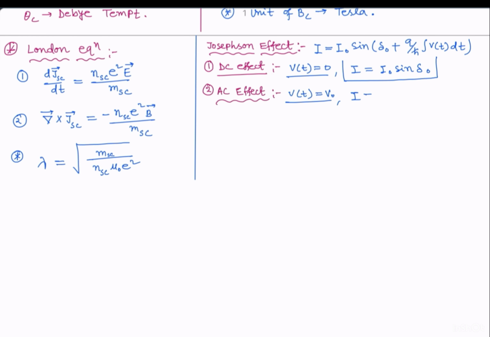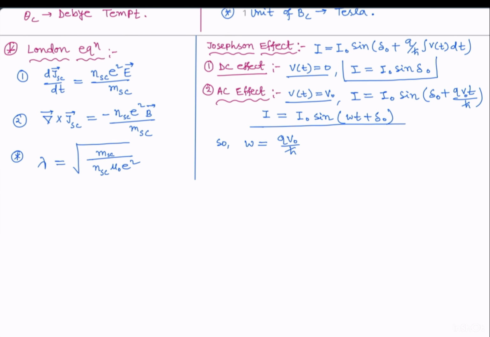Then we see we get an AC current, with phase delta 0 plus Q V t by h-bar, which is called the AC effect. We write it as sin(omega t plus delta 0). So omega equal to Q V0 by h-bar.